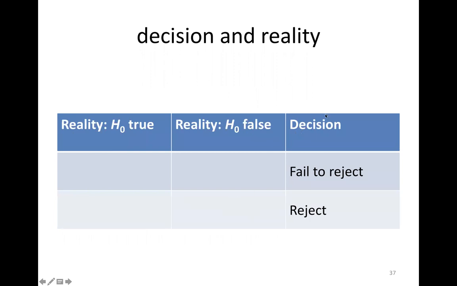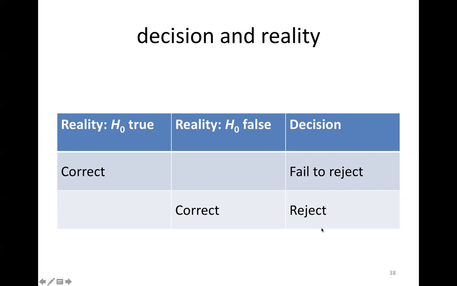So our decision in the test with the sample we collect, when we compare the data we've collected with the null hypothesis, we might have failed to reject or we might have rejected. And if we rejected and the null hypothesis was really false, take the vaccine example.